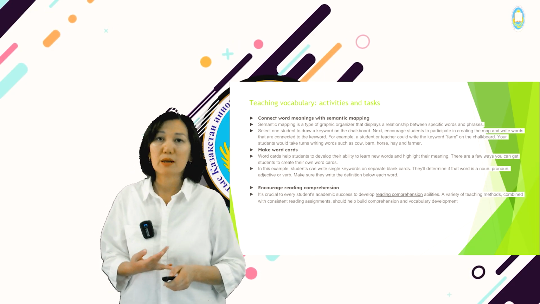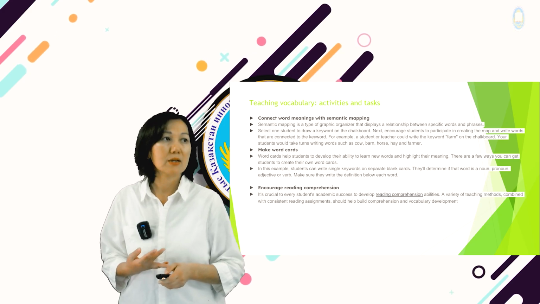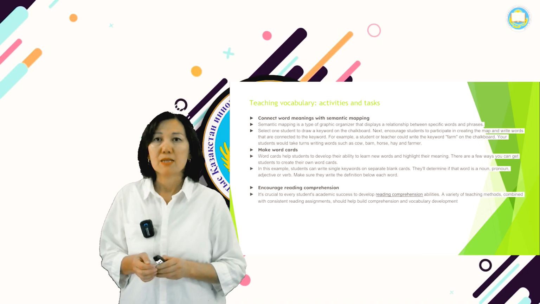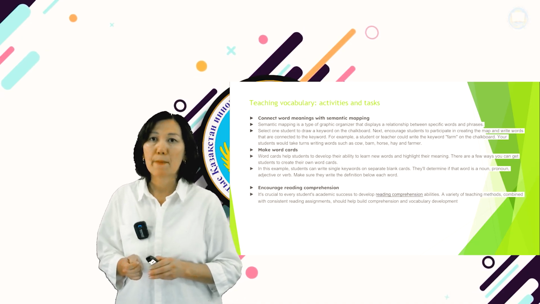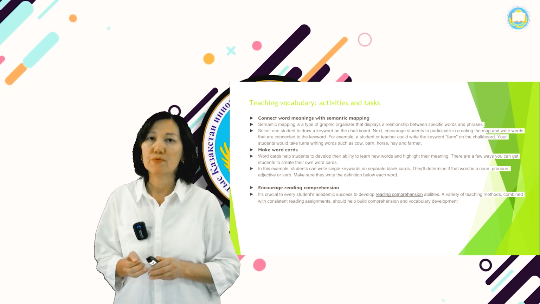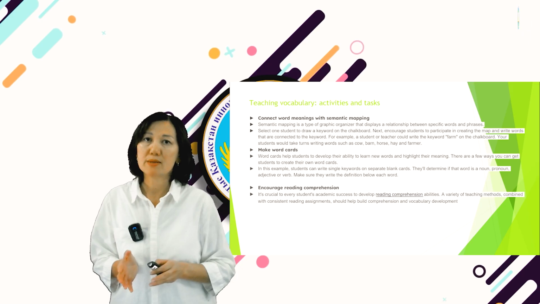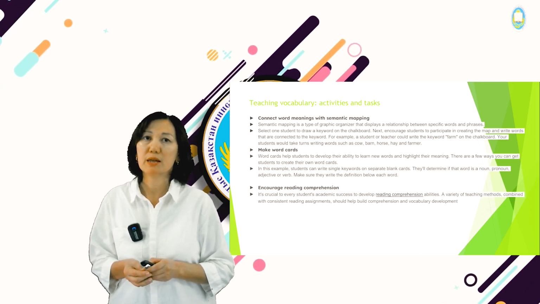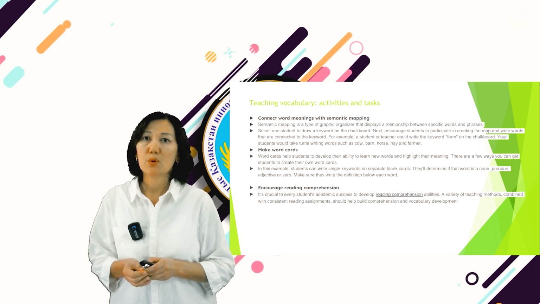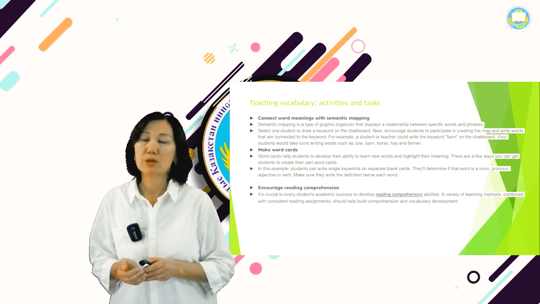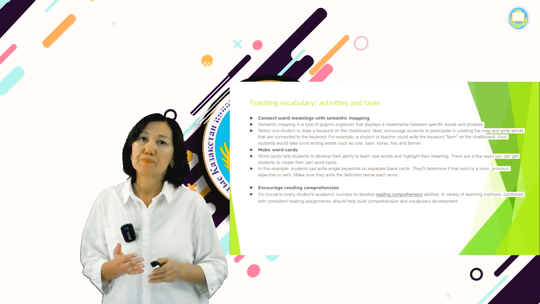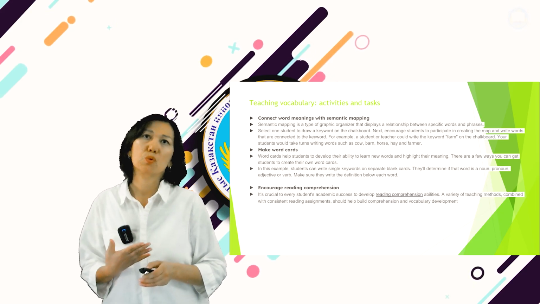So the next one is connecting word meaning with semantic mapping. Semantic mapping is a type of graphic organizer that displays a relationship between specific words and phrases. So select one student to show a keyword on, for example, the chalkboard or on the blackboard.